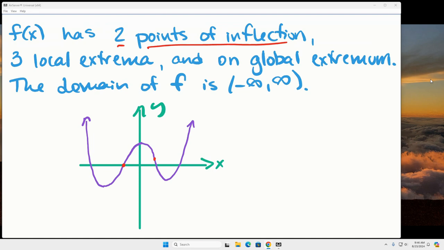All right, I also needed 3 local extrema. So doing the 2 changes of concavity pretty much creates the 3 local extrema. So that is my 1, 2, 3. All right, now the only thing that if I just drew this, thinking about the concavity, I might have to do again, is that there's 1 global extremum, which means that these 2 should not be perfectly lined up.